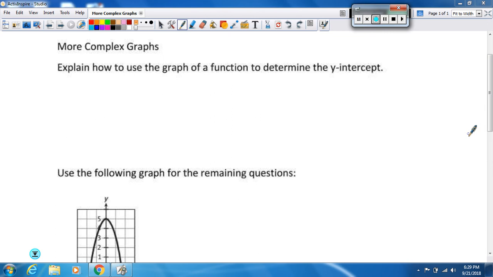More complex graphs. Explain how to use the graph of a function to determine the y-intercept. The y-intercept is where the graph crosses the y-axis.